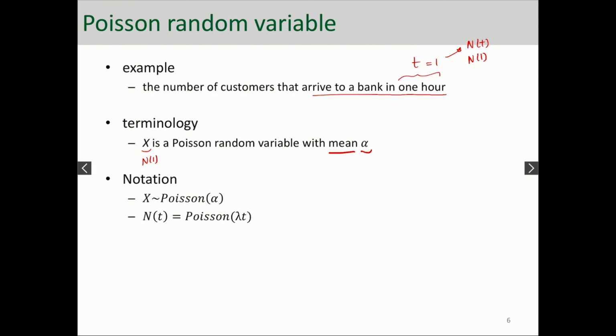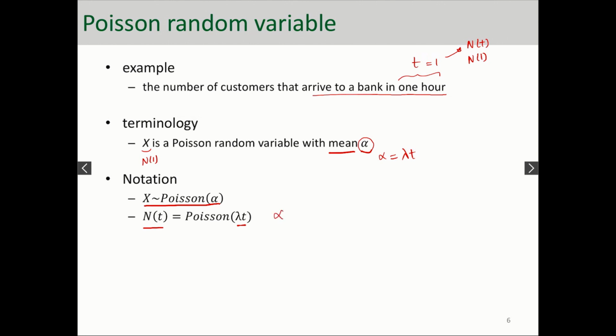So alpha is the only parameter for any Poisson random variable, and alpha is equal to lambda t. A lot of times in textbooks you see alpha, where alpha is equal to lambda t. So the way you notate the random variable is X follows a Poisson with mean of alpha, but you know that alpha is equal to lambda t, and your random variable is N of t.